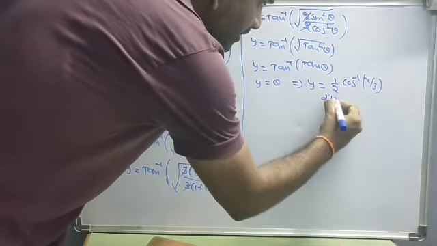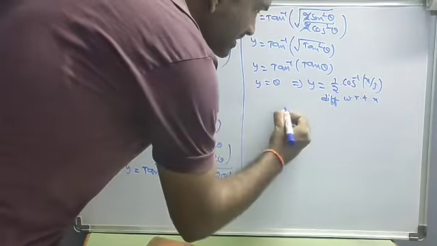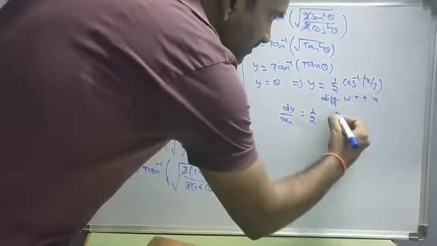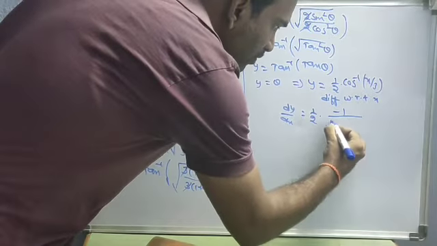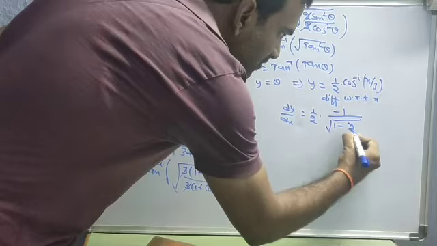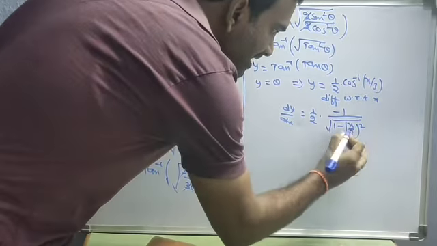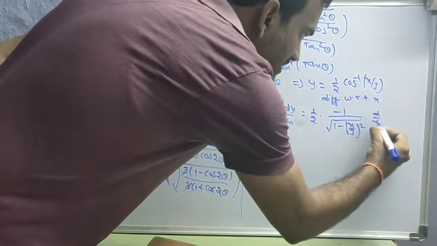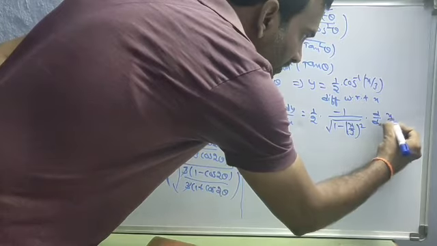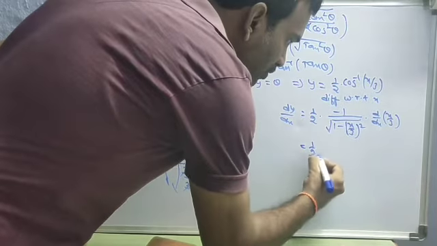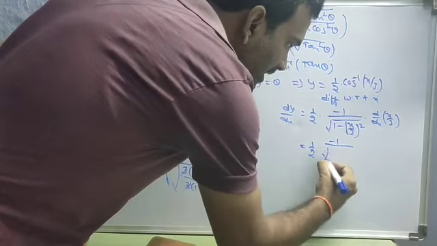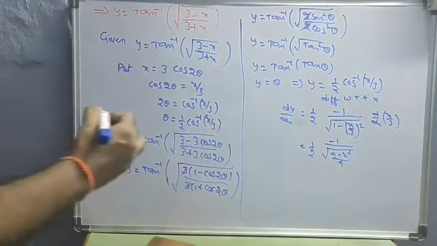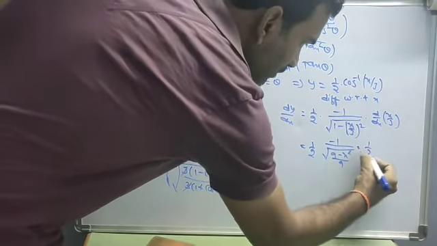Now differentiate with respect to x. dy by dx equals 1 by 2, a constant. The cos inverse formula is minus 1 by square root of 1 minus f of x whole square. In the place of f of x we have x by 3, into d by dx of x by 3. So 1 by 2, here minus 1 by, taking the LCM, square root of 9 minus x square by 9, into 1 by 3.